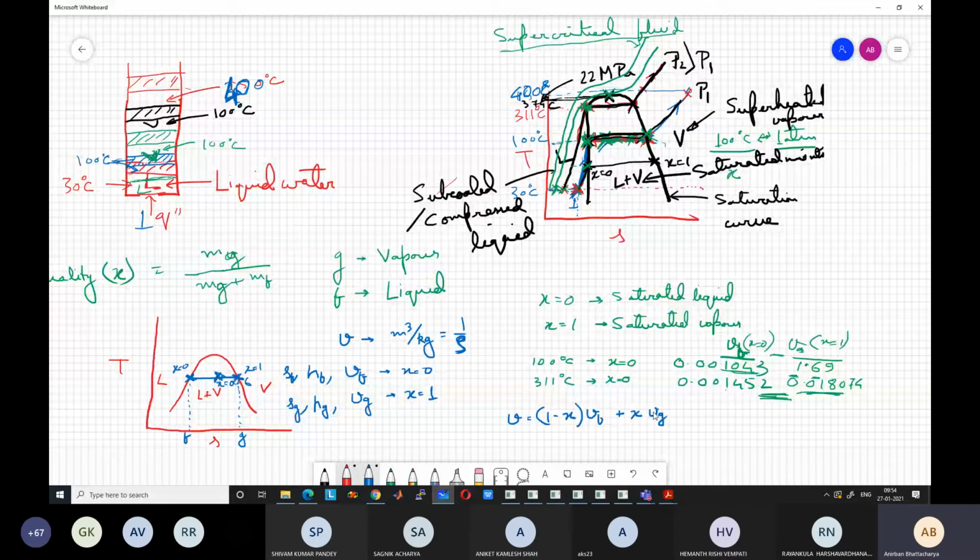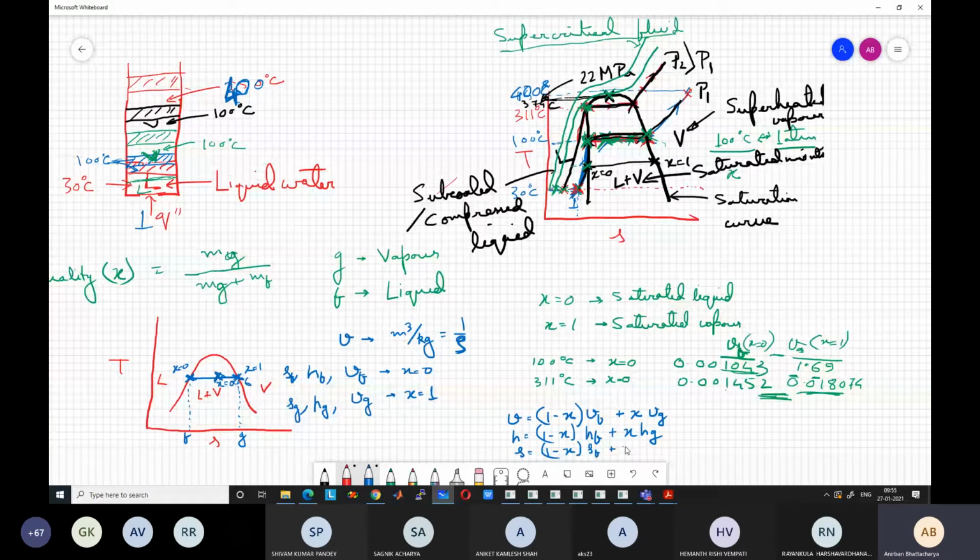Similarly, h is equal to (1 minus x) Hf plus x Hg, and entropy is equal to (1 minus x) Sf plus x Sg. Okay. So these are just linear interpolation.